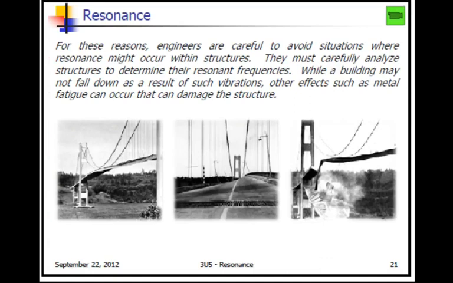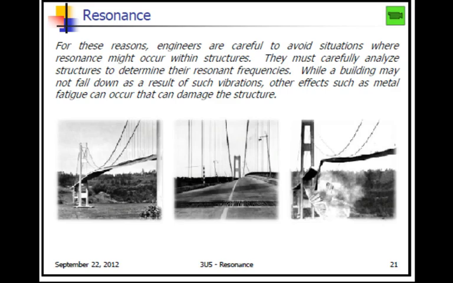They must be carefully analyzed to determine their resonant frequencies, and they have to come up with ways to counteract this. And what you see here is a series of stills from video about the Tacoma Narrows Bridge collapse. If you're interested, you can look that up on YouTube.